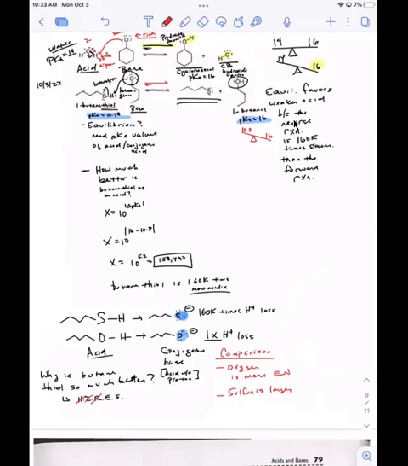Which acid is stronger? Butanethiol, good. So what that means is that the conjugate base of that acid is more stable.